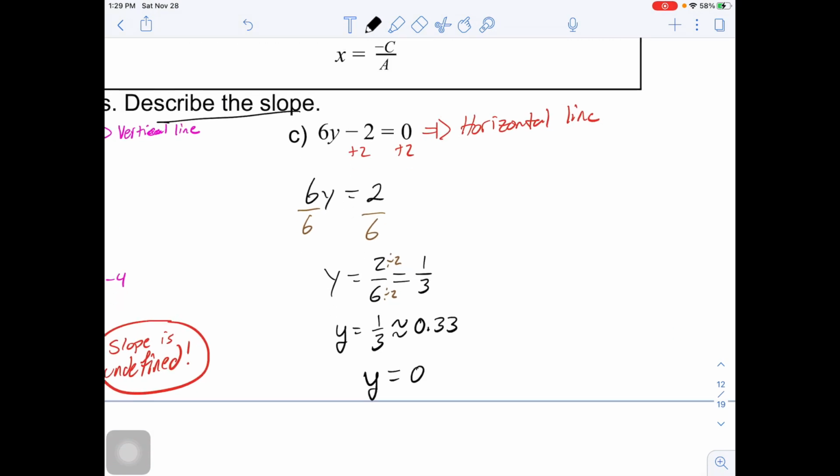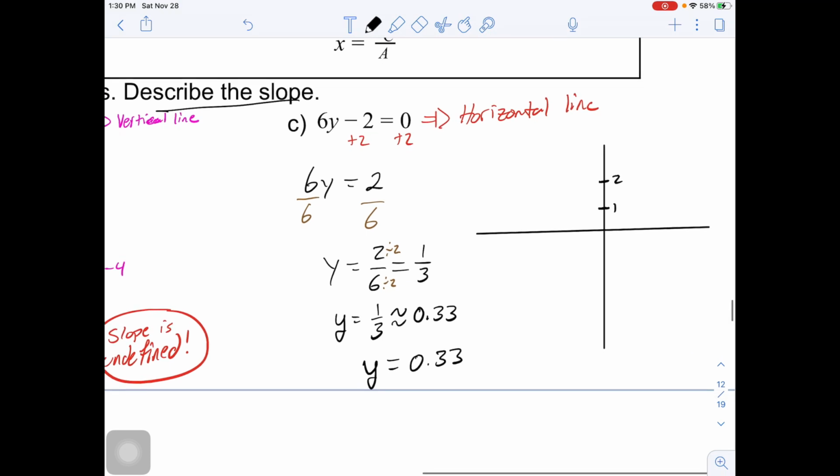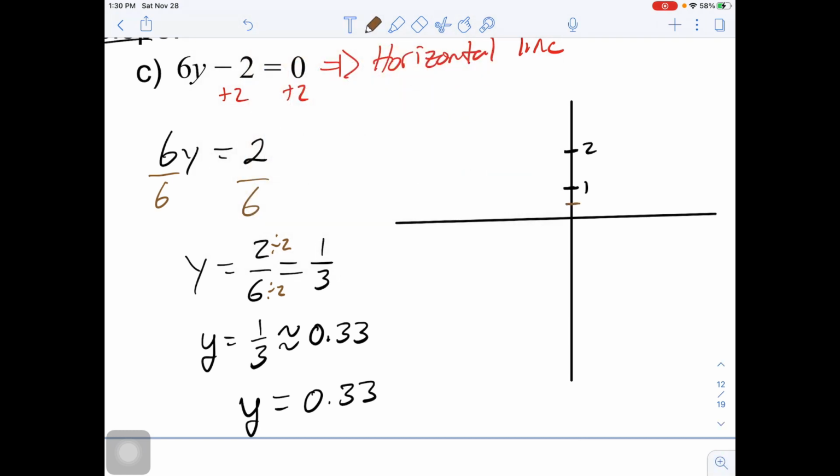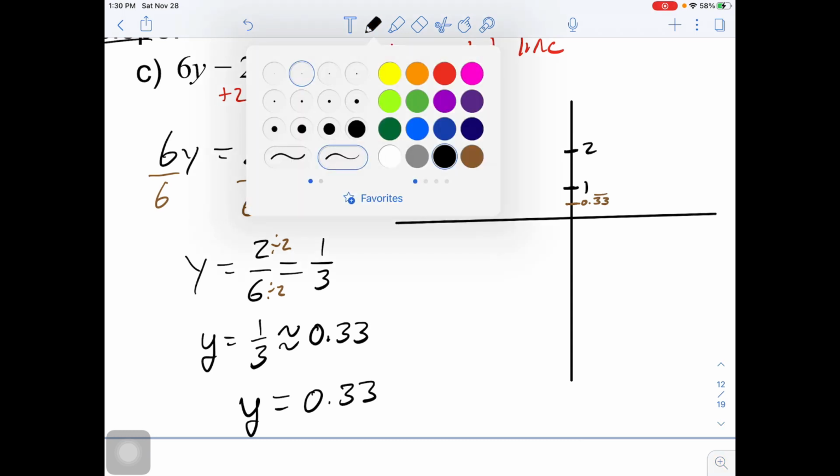So y equals 0.33. So if we were to graph this, and let's say we go up by increments of 1, 0.33 is roughly right here. So that's where our line is going to be formed.